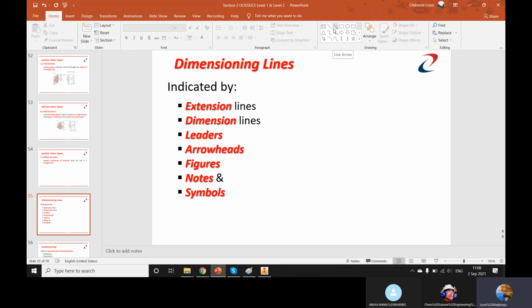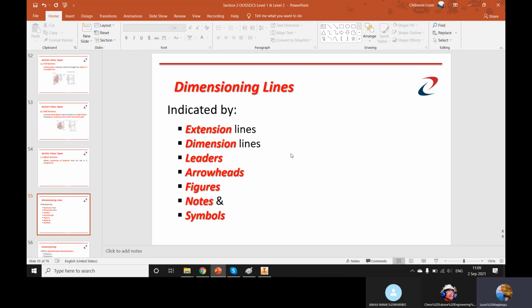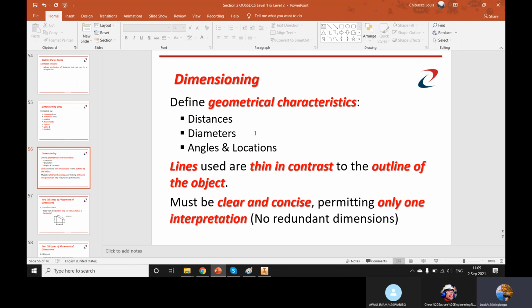I don't know if you can see the arrow I'm trying to show you. Yes, I'm seeing it. So this line arrow here is what we use to represent a leader line. So all these are really just the types of dimensioning lines we use: the normal arrowheads, which is what we've been using, the leaders, their notes and symbols.